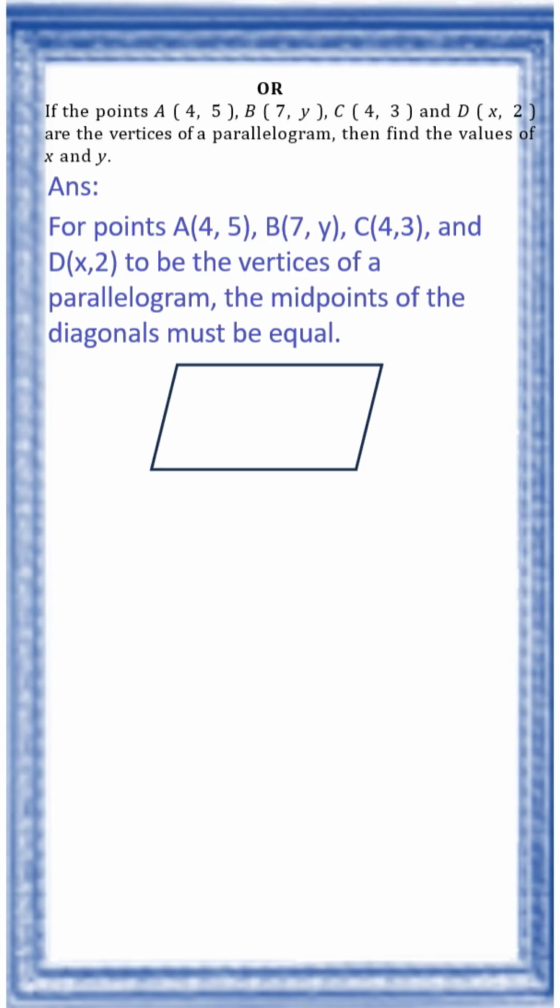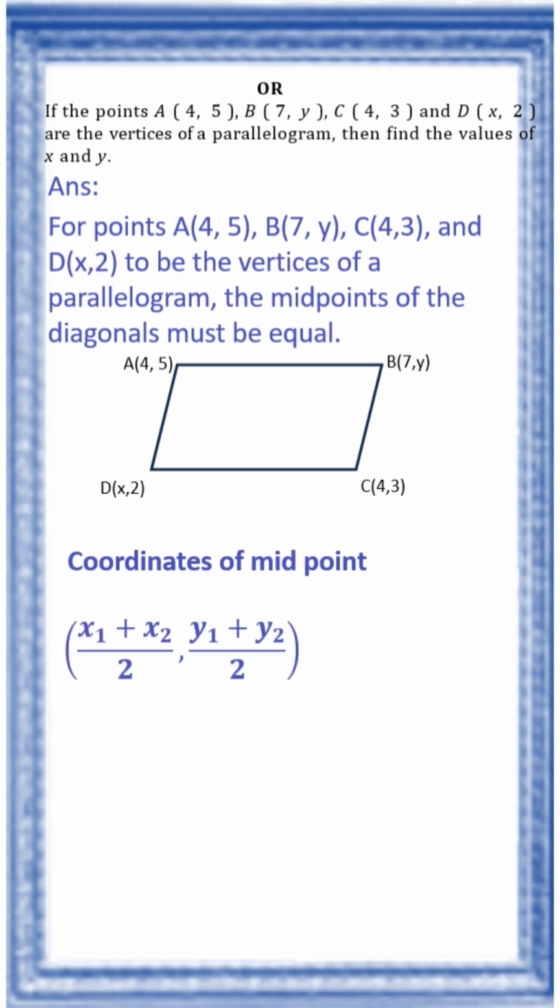Now let us have a parallelogram A(4, 5), B(7, y), C(4, 3), D(x, 2). Here, the coordinates of the midpoint of which one?